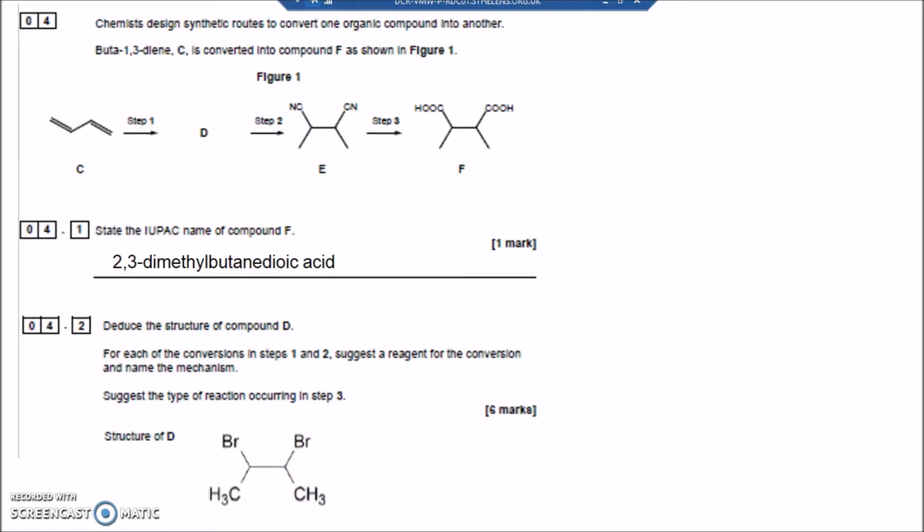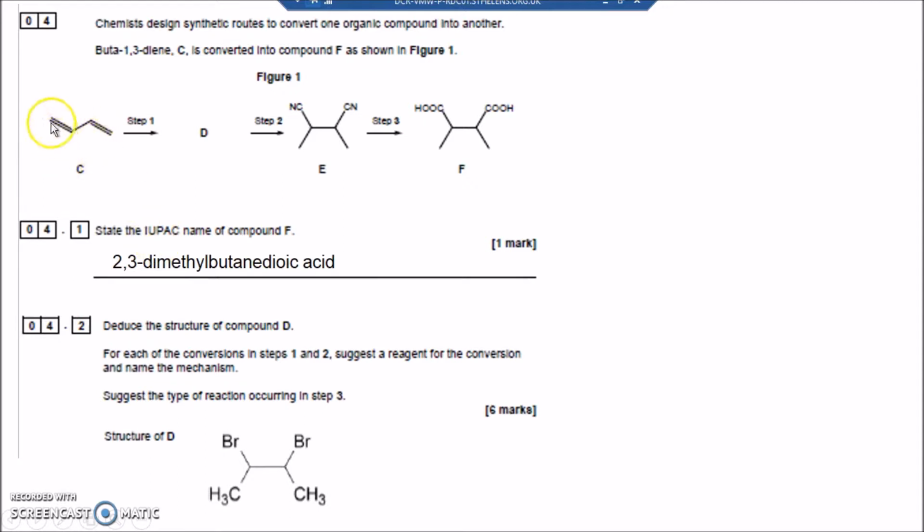What else have we got to do? For each of the conversions in steps 1 and 2, suggest a reagent for the conversion and name the mechanism. So I've got to turn the two double bonds into single bonds and get Brs on there. So I can add HBr. HBr across this bond will add an H on the end here and a Br here, and an H on the end here and a Br here, by electrophilic addition.